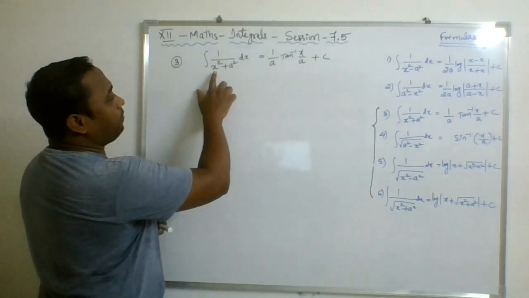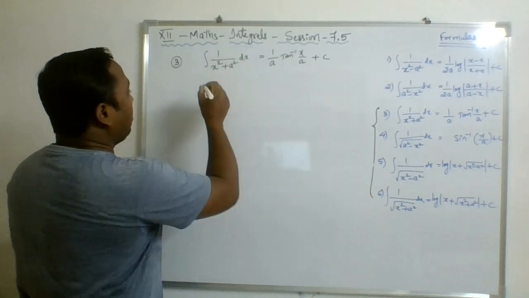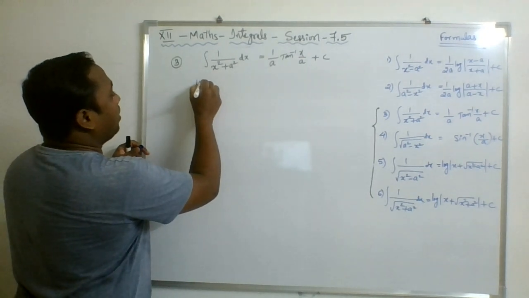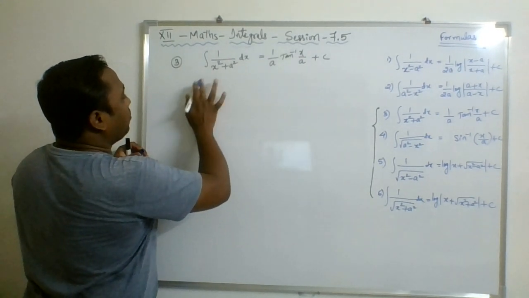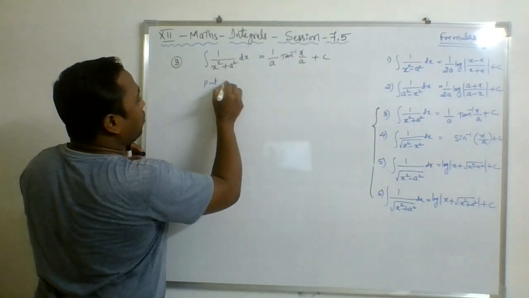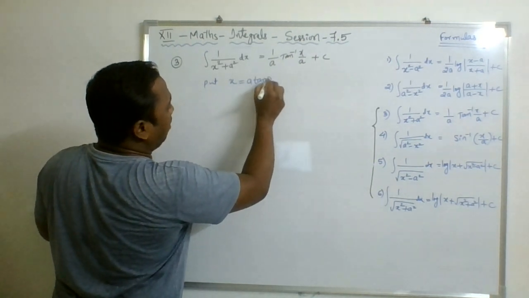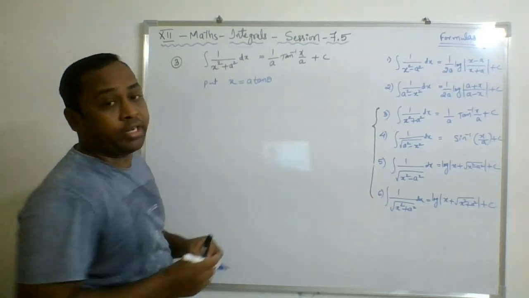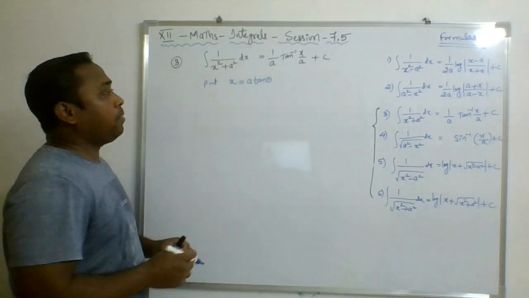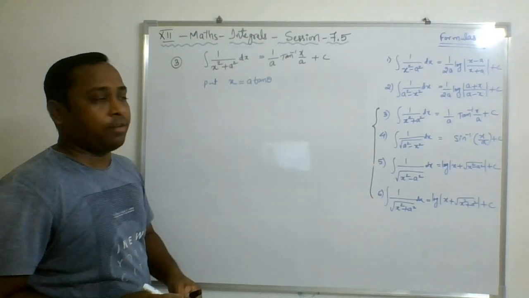It is in the form of x square plus a square. Then we'll put x is equal to a tan theta, or you may also take a cot theta. There are two choices, but I am preferably taking a tan theta.